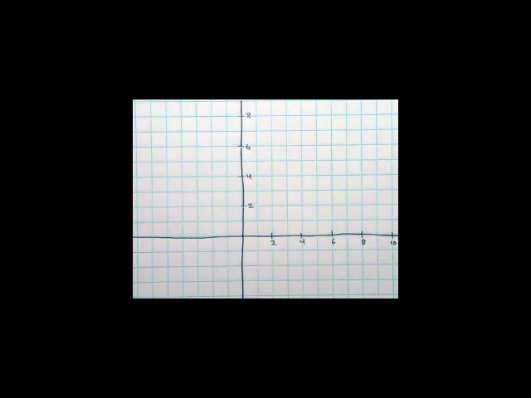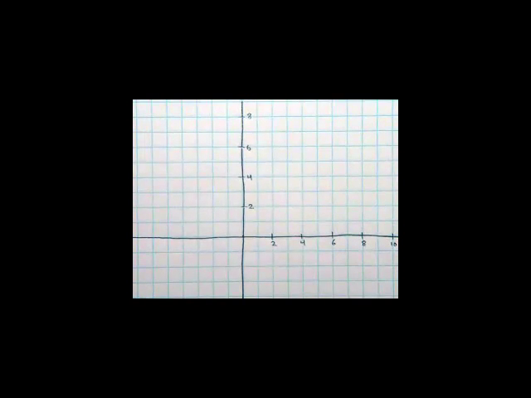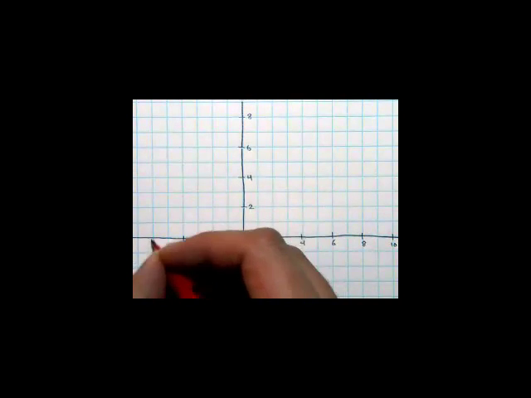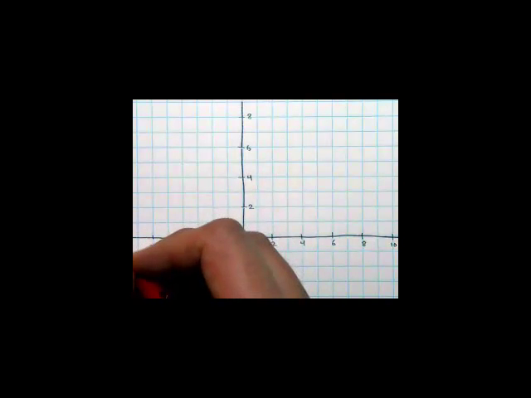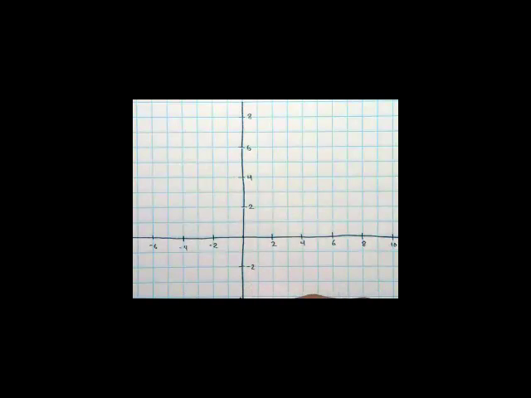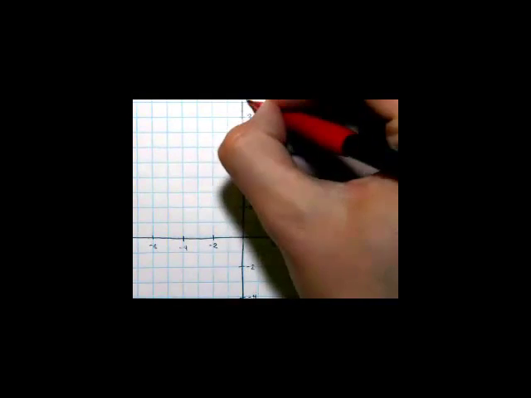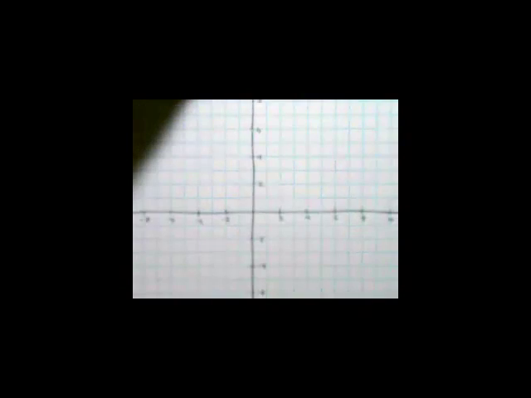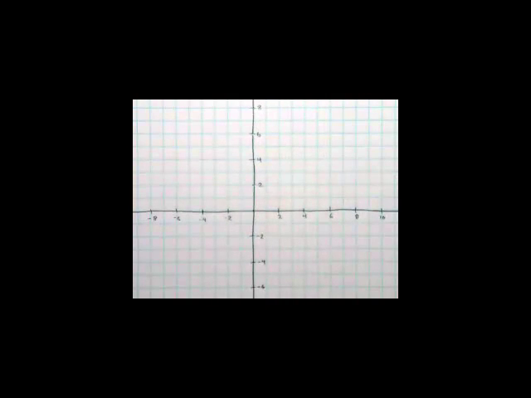My x-axis is a little long here, but it's all good. I'm taking up a good portion of the page. I'll back that up a little bit so you can see it better.